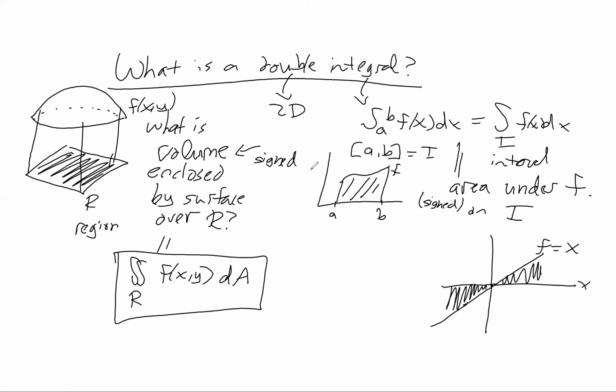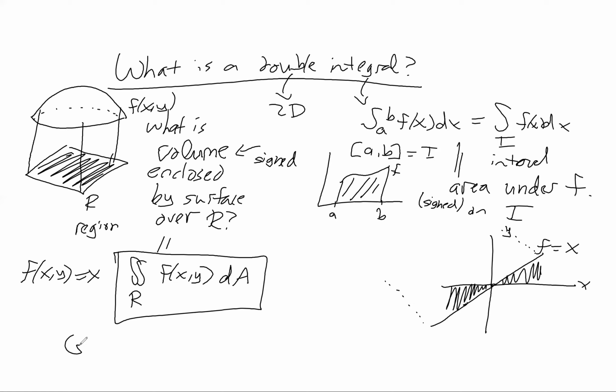Because again, we could have surfaces which are negative. For example, you could just do f of x, y equal to x again. And if you go over here, that's just extending this thing in the y direction. Okay, so that's really all there is to these integrals. They're just volumes.